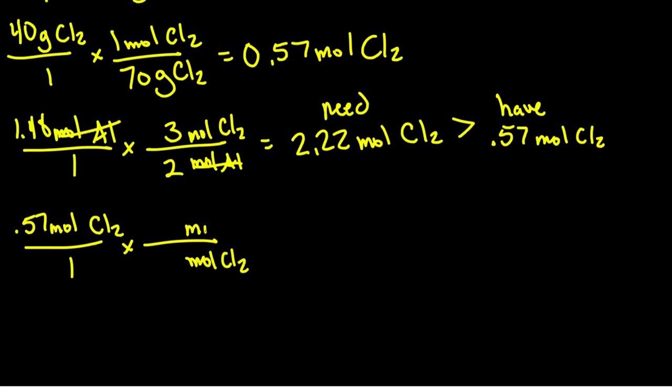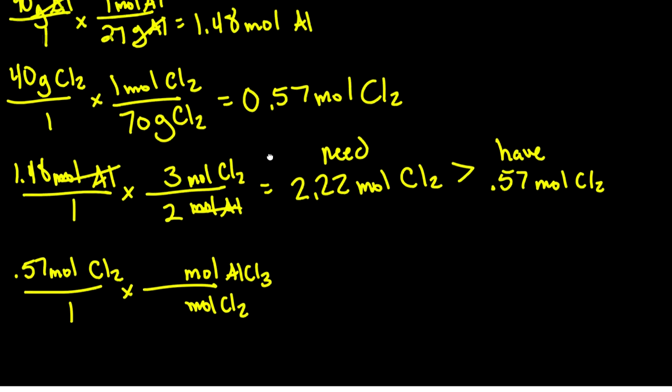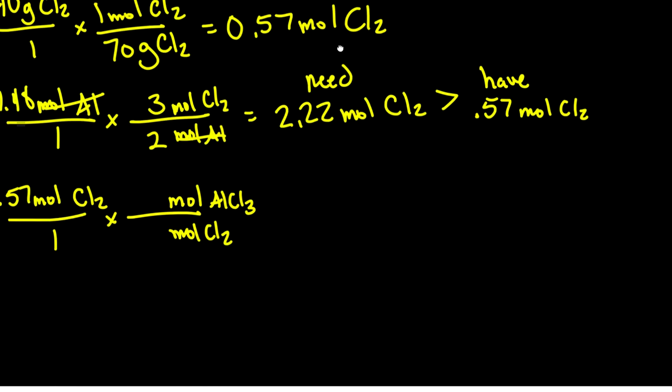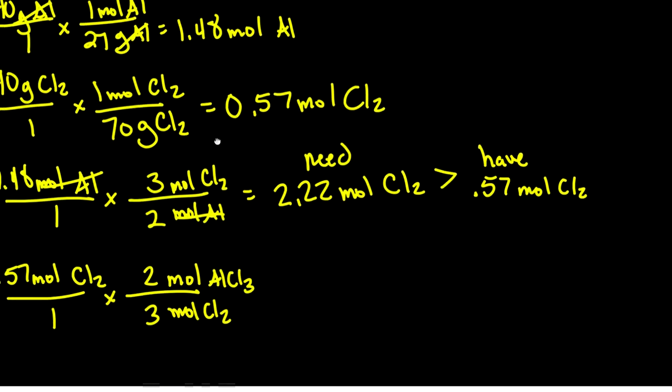I'm changing it to moles of aluminum chloride. We need a balanced equation to set up our ratio. So there are 3 chlorines for every 2 aluminum chlorides. That's what our balanced equation told us.